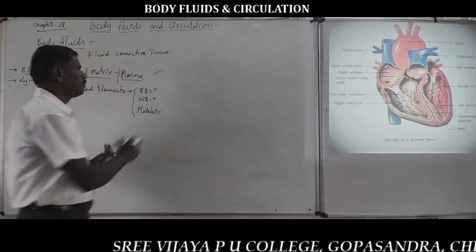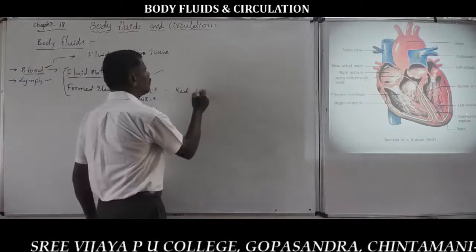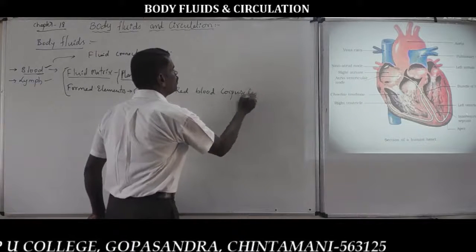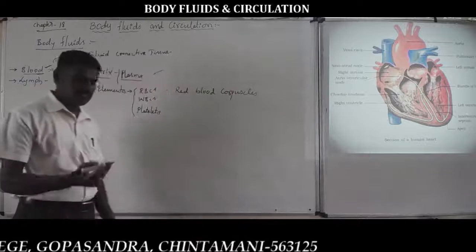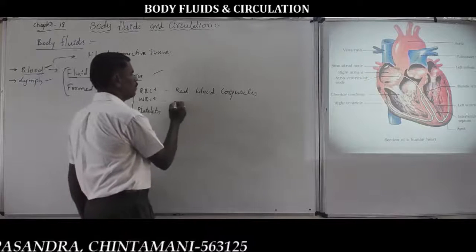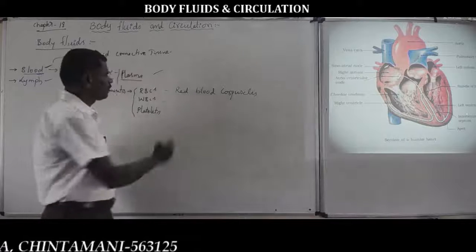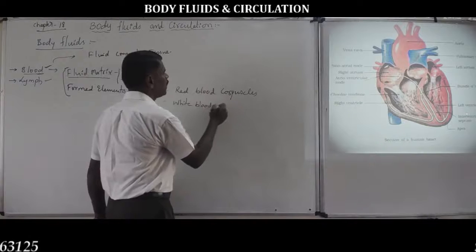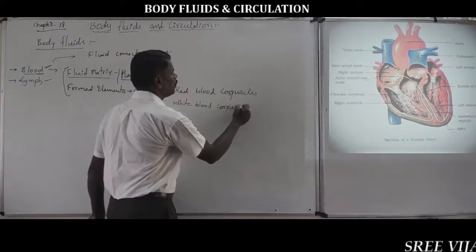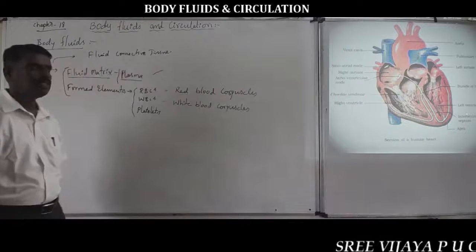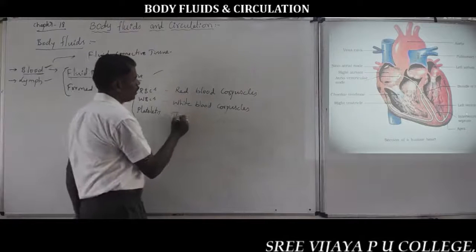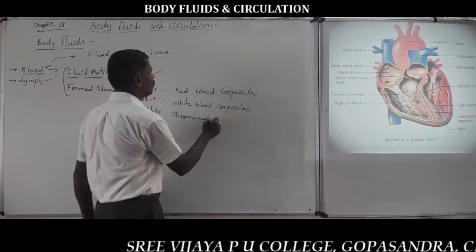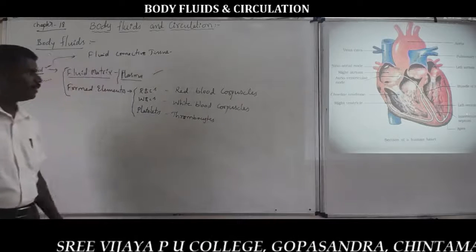The formed elements are RBCs, that is red blood corpuscles, WBCs, that is white blood corpuscles, and platelets, which are also called thrombocytes.